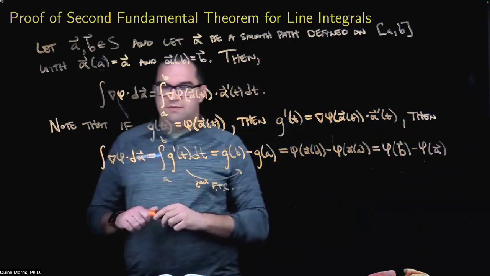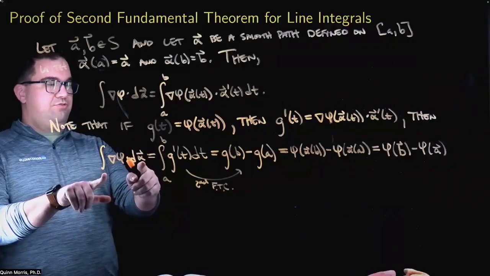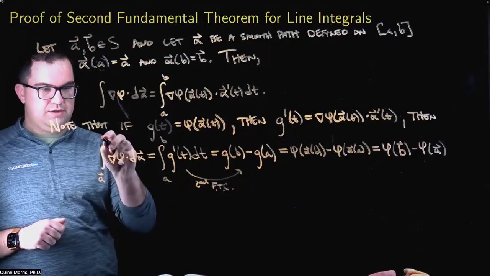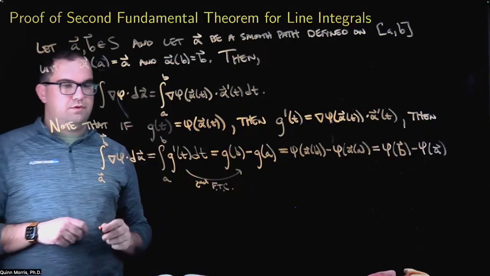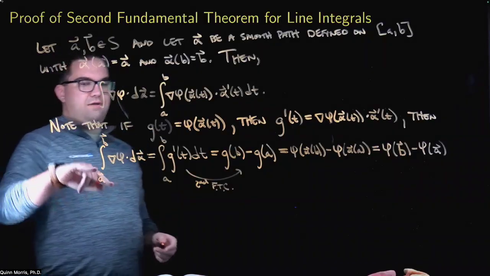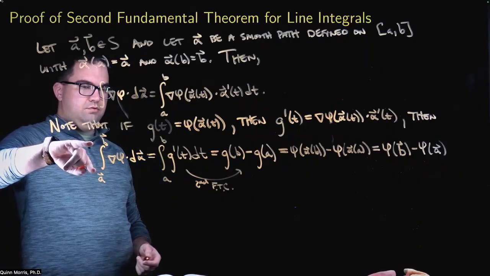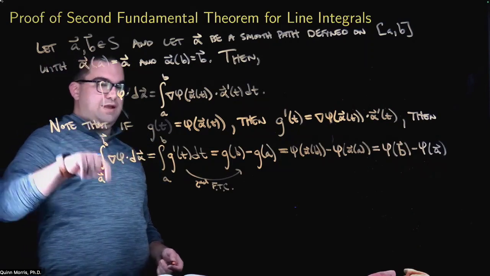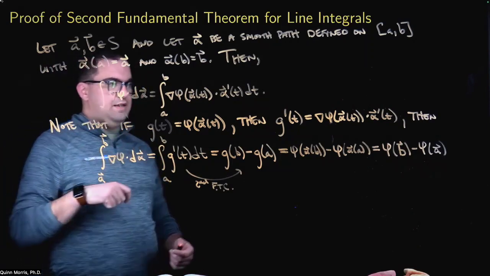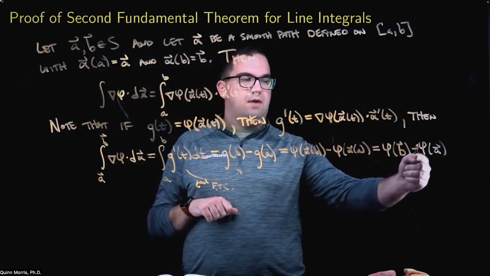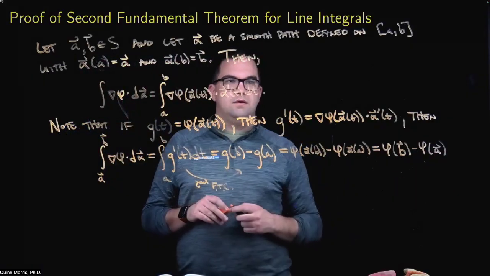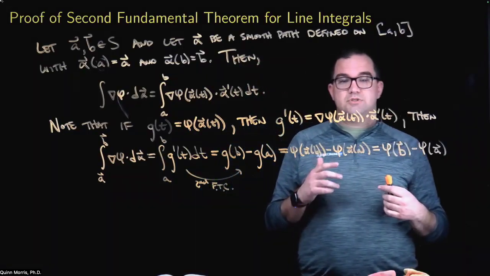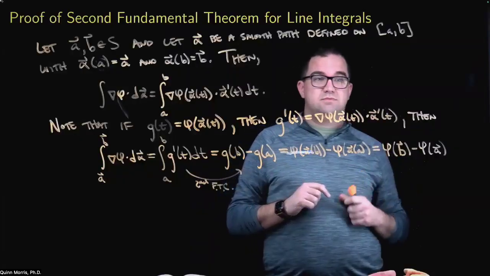Even though I haven't written it over here, alpha is a path that connects the vector a to the vector b. We might sometimes re-express that explicitly here. So I have that the integral of the gradient of psi d alpha from a to b, where alpha is a path connecting a to b, is equal to psi of b minus psi of a. Now that actually proves the second fundamental theorem of line integrals if my path alpha is smooth.